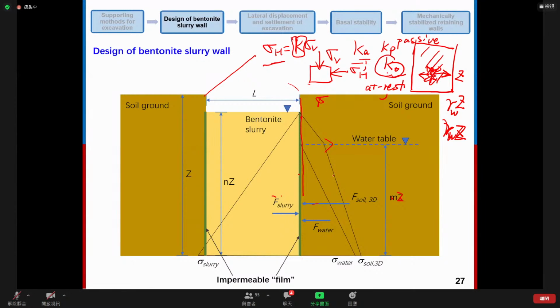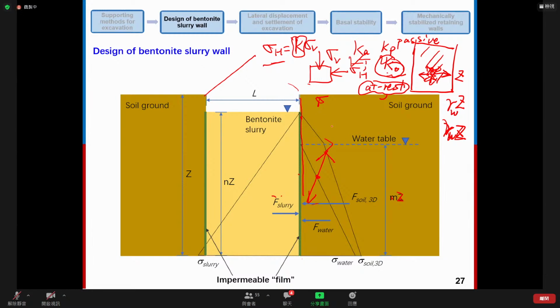However, for a 3D case, there may be a deflection in the direction perpendicular to this surface, which means the soil at this point is no longer at rest. So in this case, we cannot use K0 to calculate the horizontal sigma; we may need to use Ka or Kp. This is the main difference between earth pressure and water pressure.